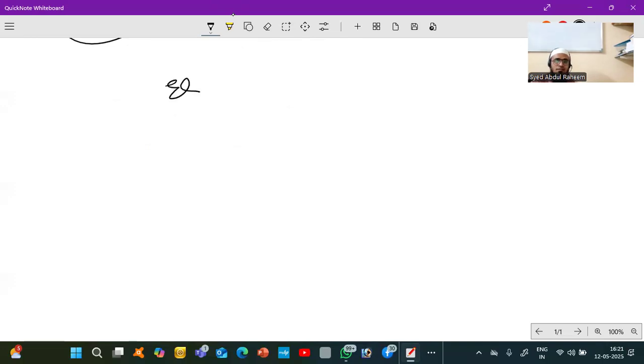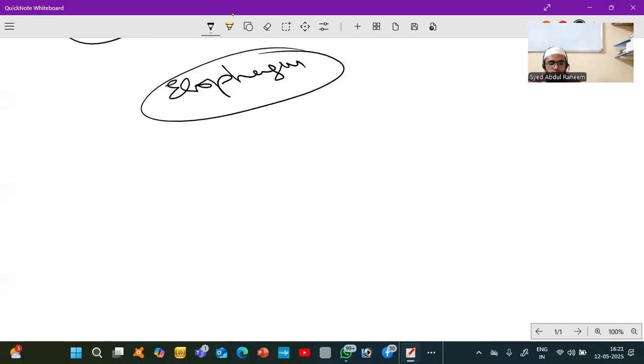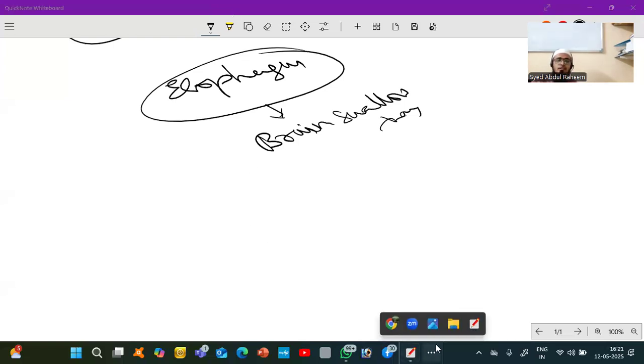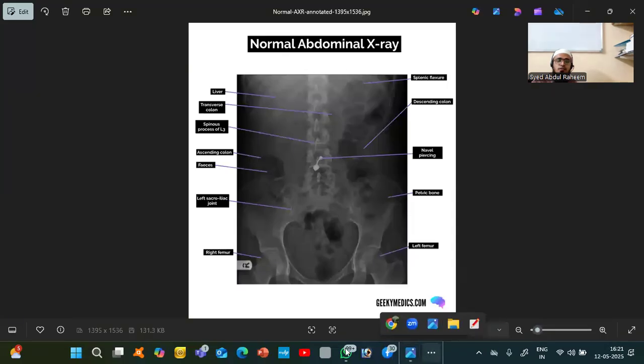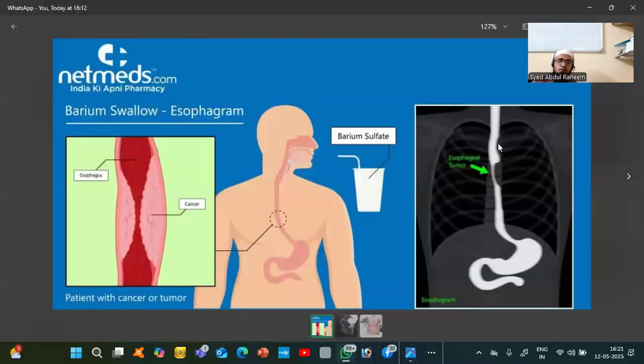For the esophagus, we will do barium swallow X-ray to see the image of the esophagus.